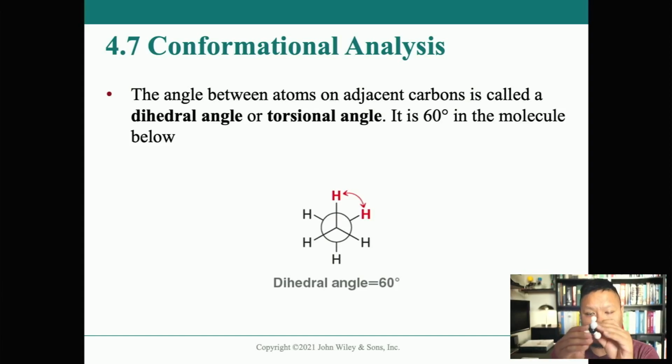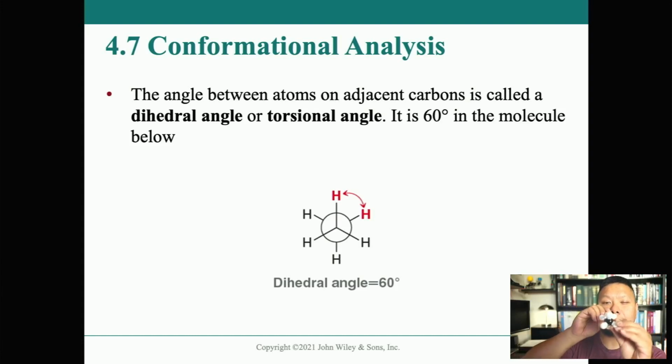So when you look down this angle right here, just like you see on the screen right now with that drawing, it's talking about a dihedral angle or a torsional angle, which is the angle that the hydrogens are at from front to back, right? So when I have it like this and the hydrogens are staggered, what is the dihedral angle? It's the angle between this hydrogen and this hydrogen right here. So this angle right here, right?